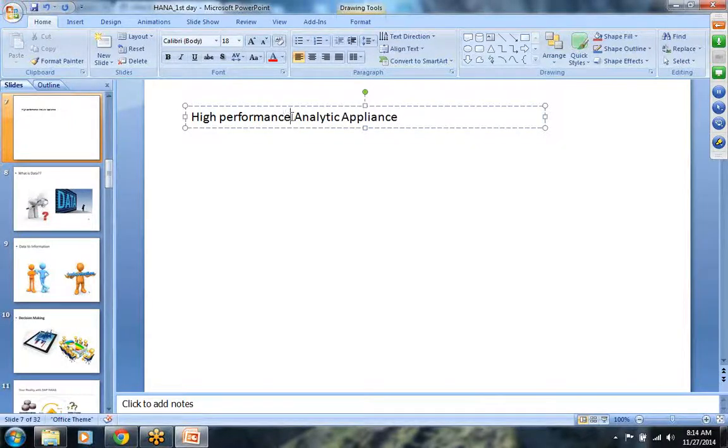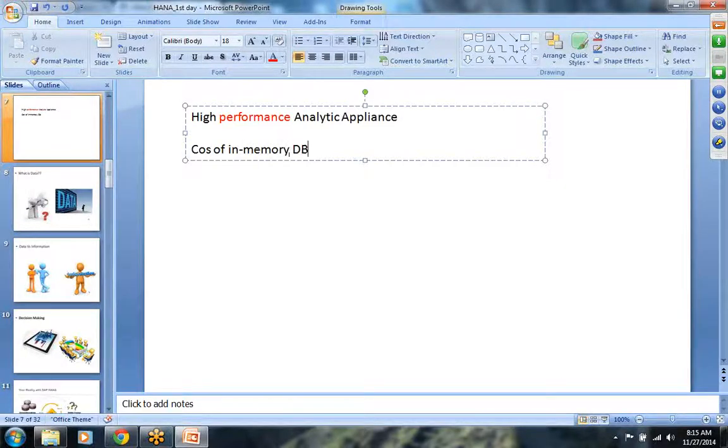How is the performance achieved? It's achieved because of the in-memory database.